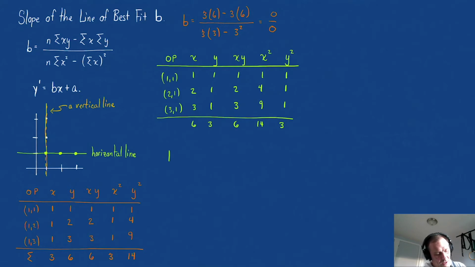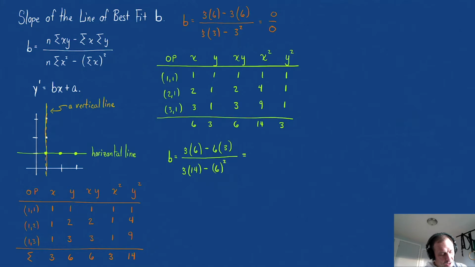Let's calculate b again. So b is going to be the number of ordered pairs, which is 3, times the sum of the xy's, which is 6, minus the sum of the x's, which is 6, times the sum of the y's, which is 3, over, my denominator is the number of ordered pairs, which is 3, times the sum of the x squareds, which is 14, minus the sum of the x's, which is 6, squared.